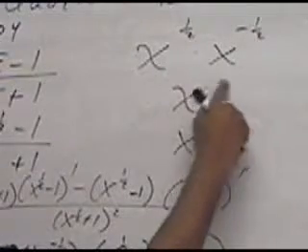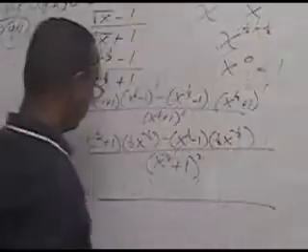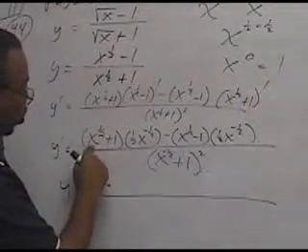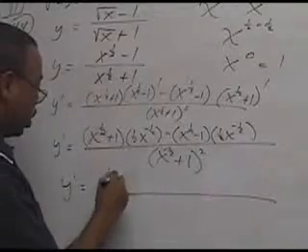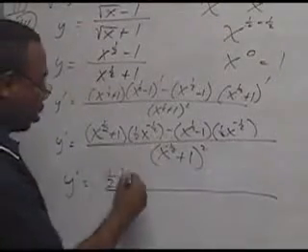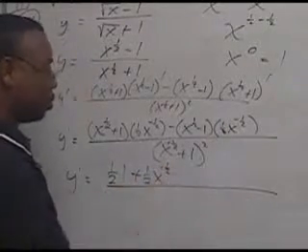So when we add those two, we get 1/2 and a negative 1/2. We get x to the 0, and x to the 0 is 1. So this x to the negative 1/2 times this x to the positive 1/2 is 1/2 times 1. Then the 1/2 x to the negative 1/2 times the 1 gives us positive 1/2 x to the negative 1/2.